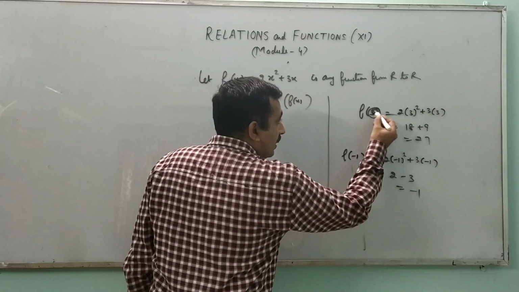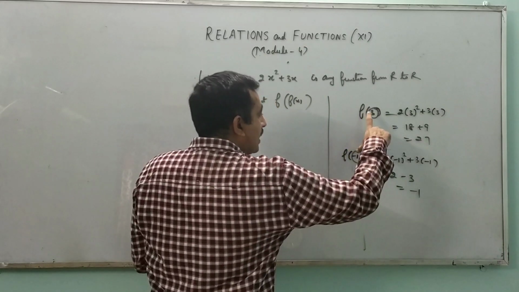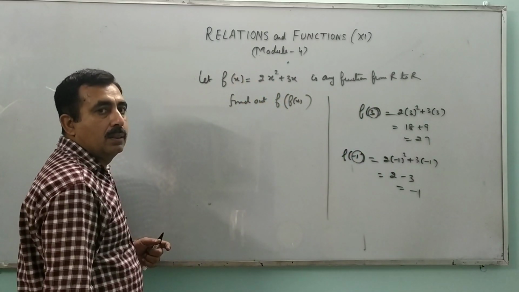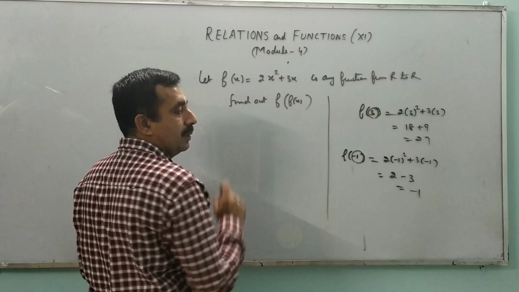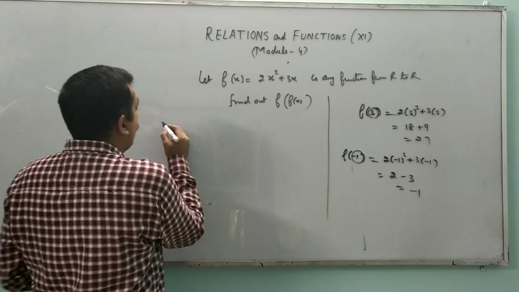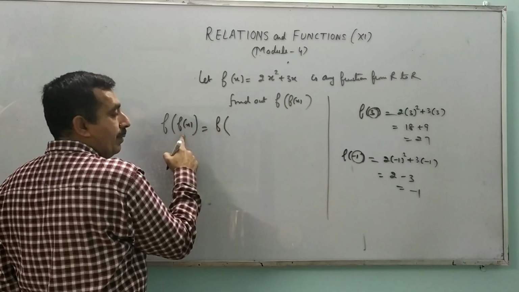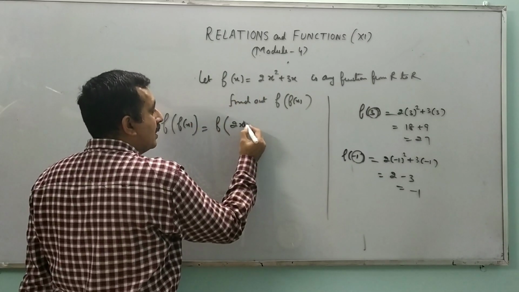So this is called the domain, this is called x. Instead of x you write 3, instead of x you write -1. Now the question is to find out this. When we have to find f of f(x), firstly write the value of f(x). What is f(x) here? 2x² + 3x.